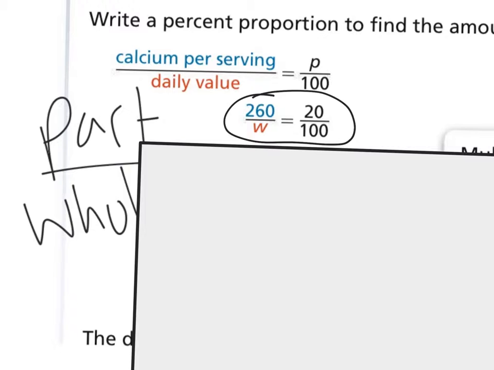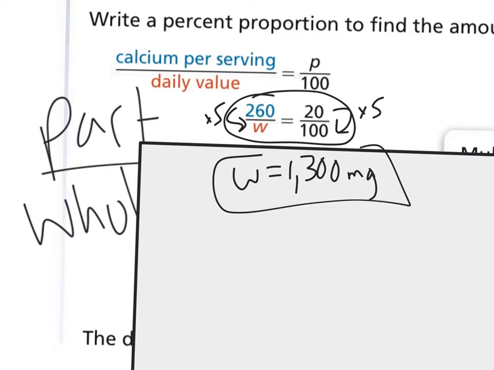So we're not going to get in that habit, so let's just forget about that. What I would do is just look for a pattern. Going from 20 to 100 would be multiplying by 5. So 260 times 5 would be 1,300. And we don't have to develop any bad habits that will not be good for us later in math when we're solving equations.